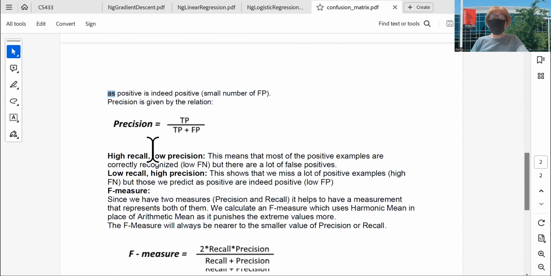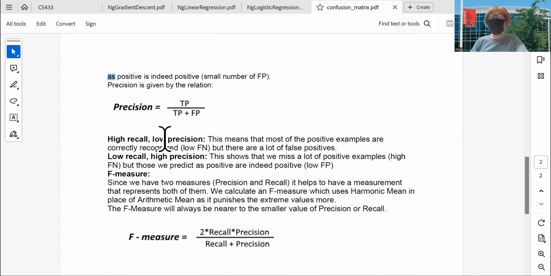But you may have some situation like high recall but low precision, then that's not good. Or low recall, high precision, that's also not good. And we also have another one we call the F measure, which gives us this calculation. So this is for measuring. Keep that in mind.